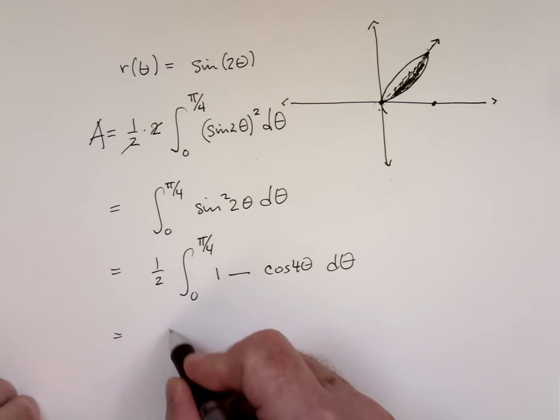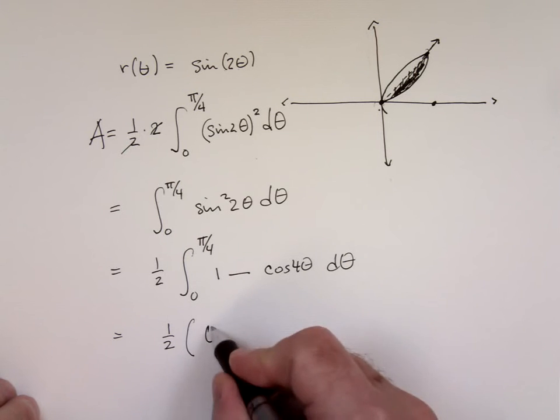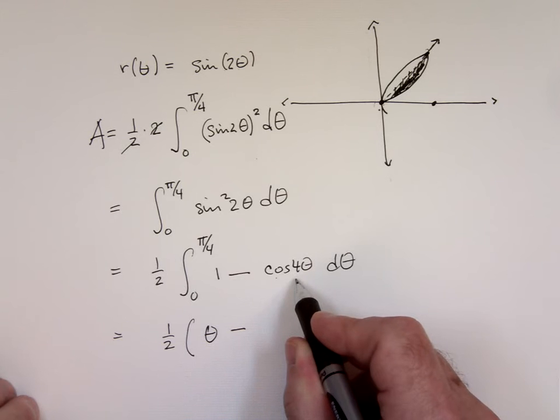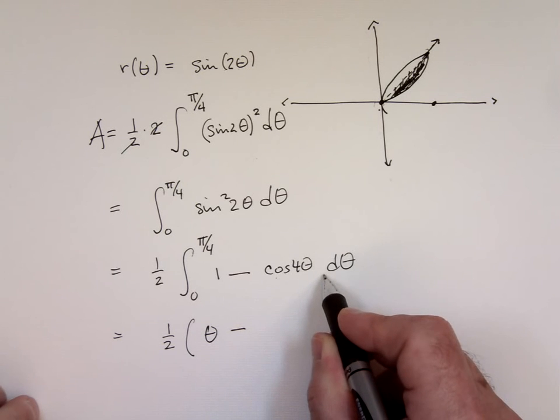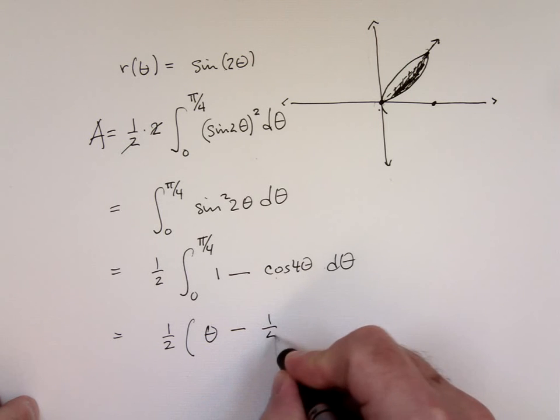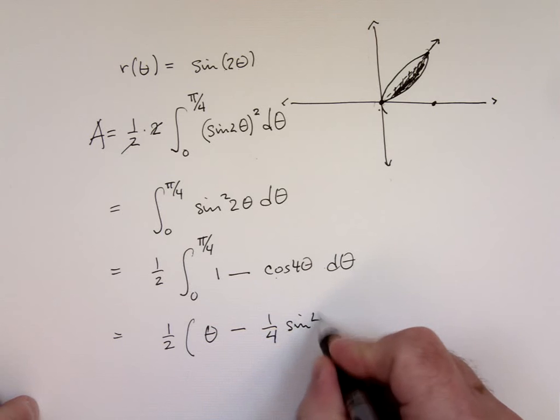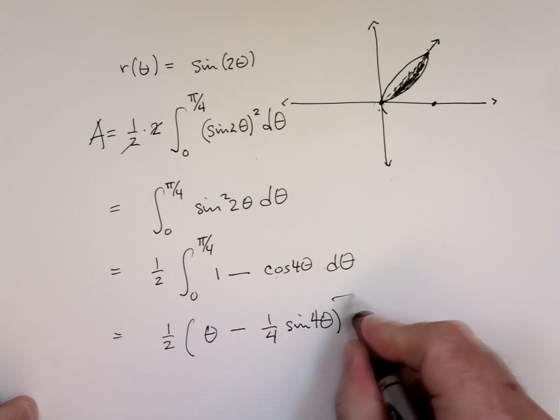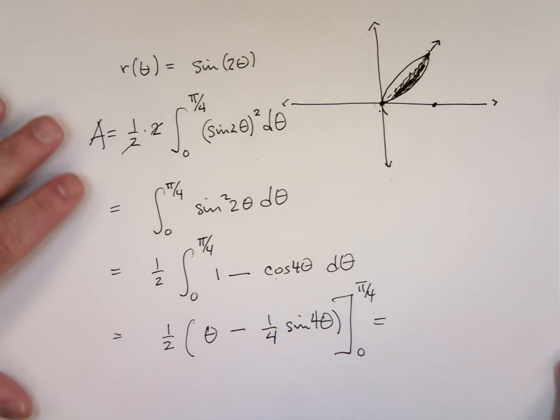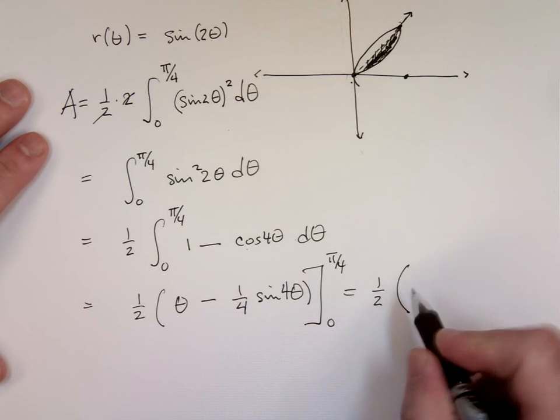So we get 1/2. Let's integrate it. You get theta. This is a cosine u form. U is 4 theta, du was 4 d theta, multiplied by 1/4. The integral of cosine u is sine. And we're going from 0 to pi over 4. So we get 1/2 pi over 4.